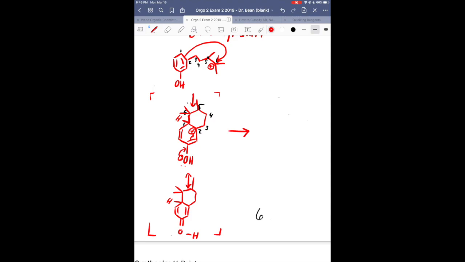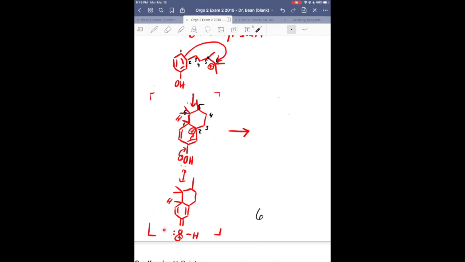So hopefully you guys thought that the atom that now has the positive charge is going to be the oxygen. That's the whole point of showing the resonance contributors: to show that your oxygen is now the atom bearing that positive charge.